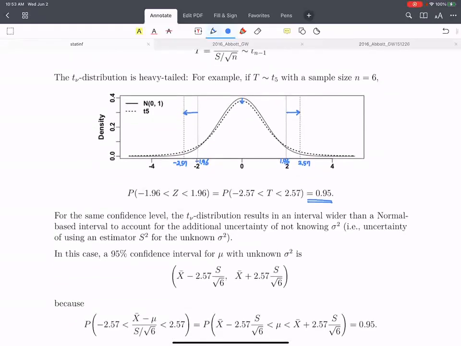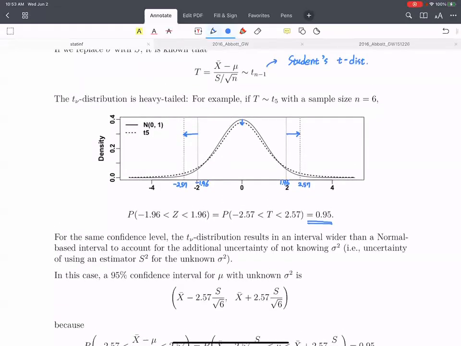So the same policy will be applied to deriving a 95% confidence interval when sigma is unknown.